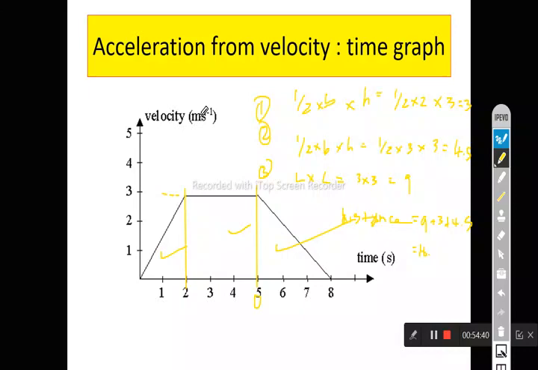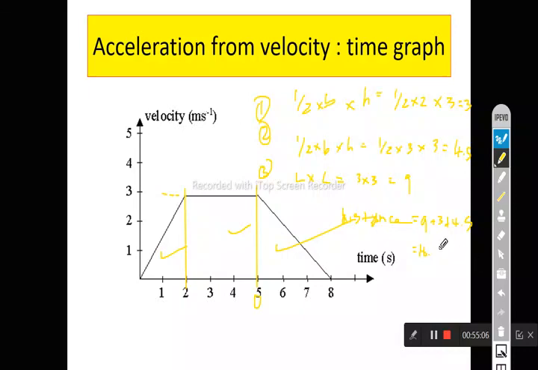This is a method to determine the distance the object traveled by finding the area. If you write meters squared in the exam, you lose the marks. Yes, you find the area, but the area represents the distance, so you have to give the answer in meters. Are we clear?